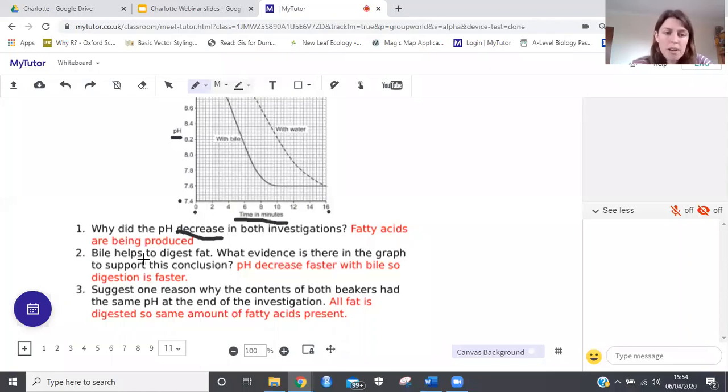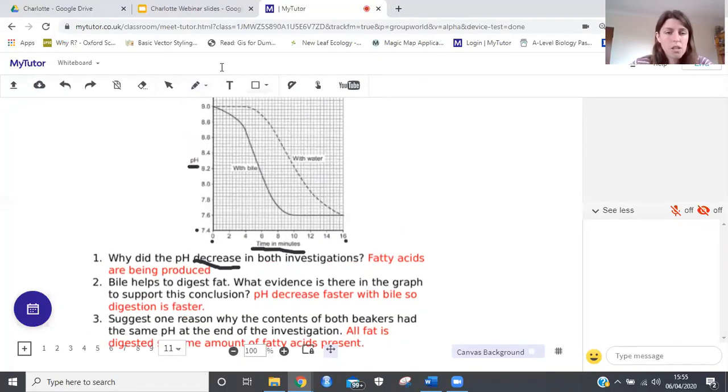Question 2, bile helps to digest fat. We just learned about this. What evidence is there in the graph to support this conclusion? Okay. So if we look at our graph, the solid line is with bile. And we can see that the solid line goes down more quickly than the dotted line.